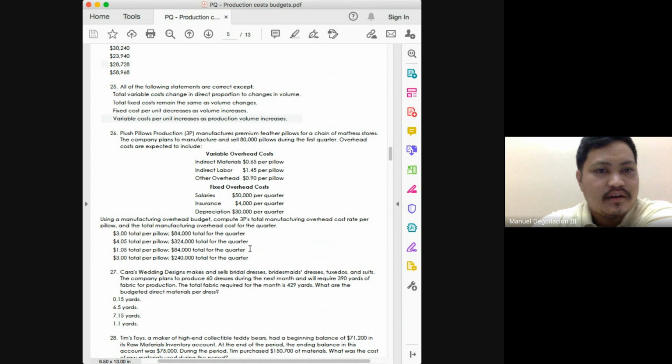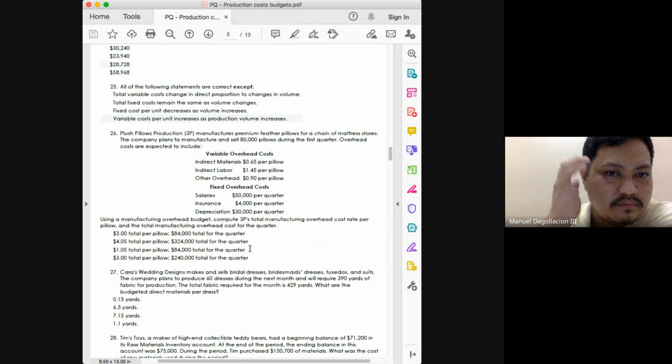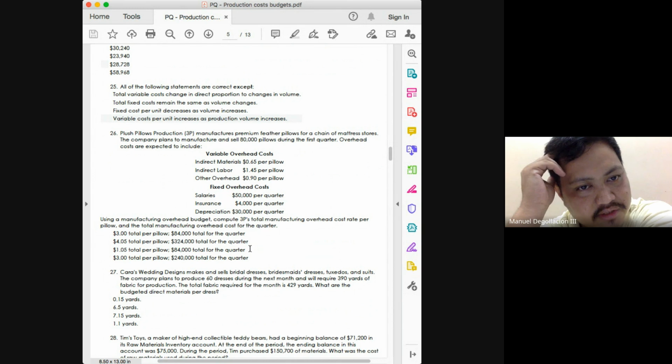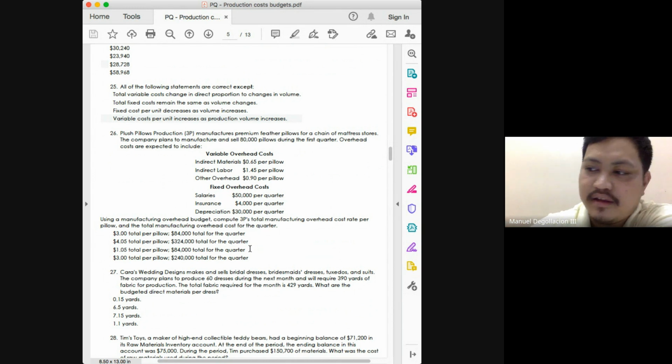Manufacturing overhead. Okay, we already have the per pillow cost for our variable overhead. Remember from class that indirect materials and indirect labor will form part of your overhead. Okay, very important. You might think that it goes to your materials or your labor, but indirect costs go to your overhead. Remember that your production costs are your direct materials, direct labor, and overhead.